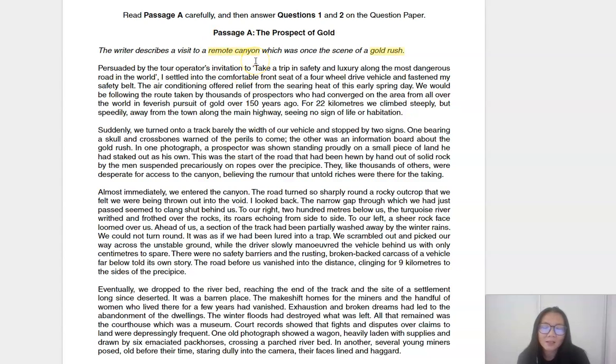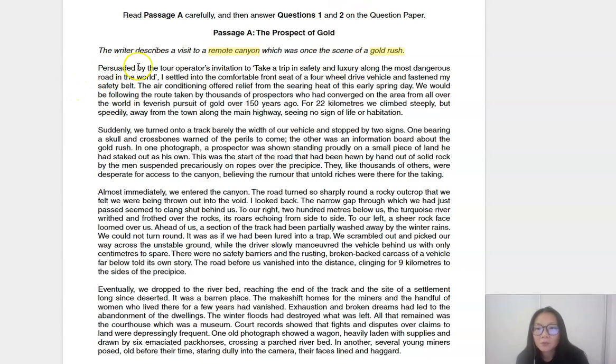So in the writing I would write something like how the journey was not very easy, or the journey was fairly difficult, and it took quite a number of days because it is maybe a couple of 100 kilometers, mention something like that, and we had to travel by foot and also by horseback and things like that. So that the examiner knows that you know that it's actually situated in a remote canyon.